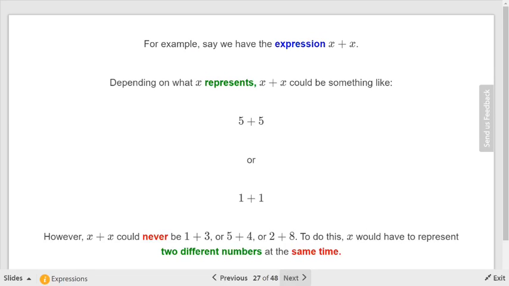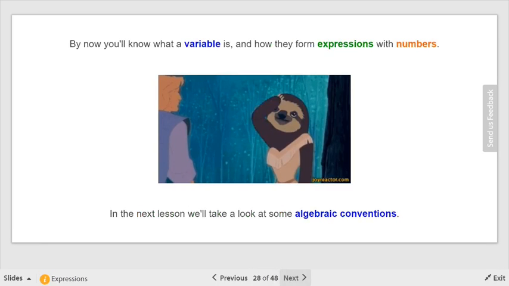But you've got to use different ones. And if you have the same letter in the same sentence, it has to be the same value. So if X is 5, then X has to be 5 every time you use it in that sentence. What if it was a different sentence? Then who cares? It's a new game, right?